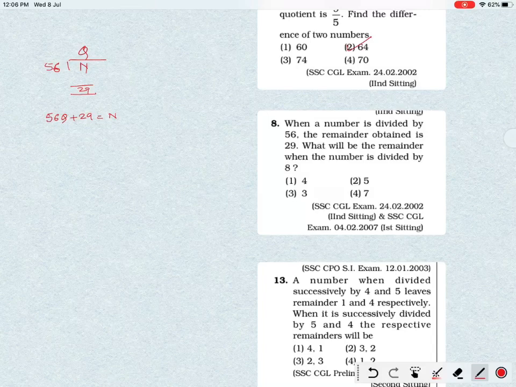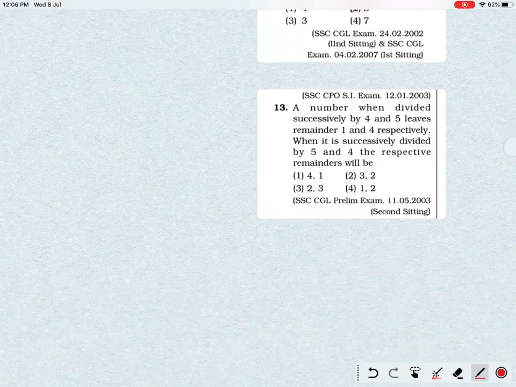Now when this number is divided by 8, what will be the remainder? 8 7s are 56, so here the remainder will be 0. Now 8 3s are 24, so here the remainder will be 5. So the answer is 5. Okay, next question.